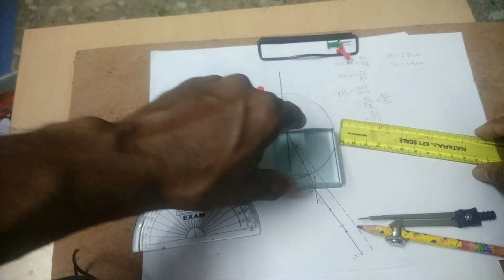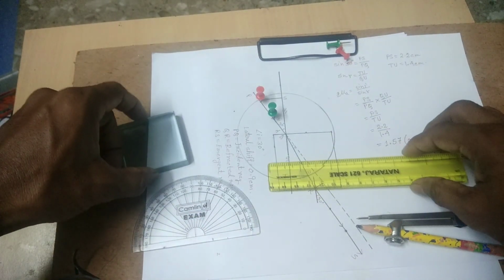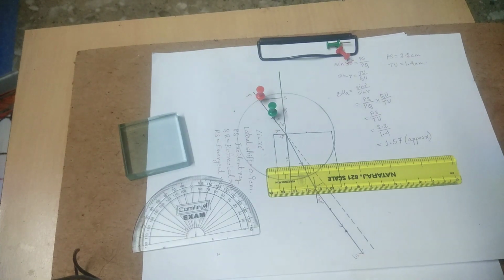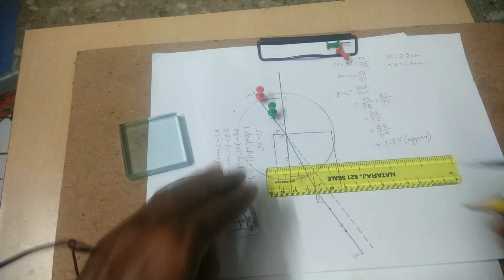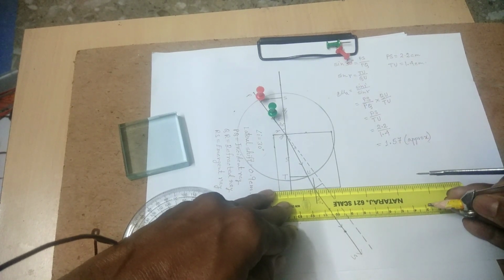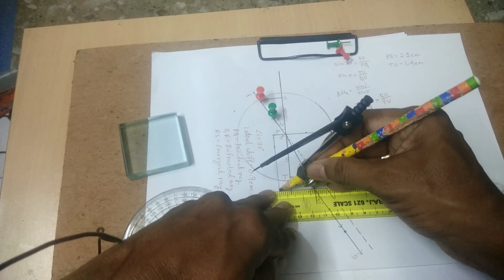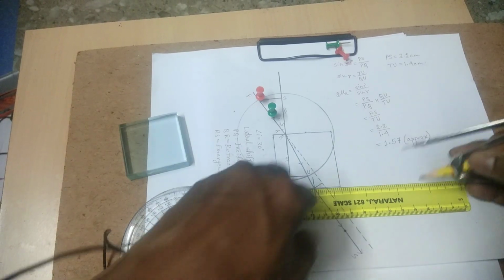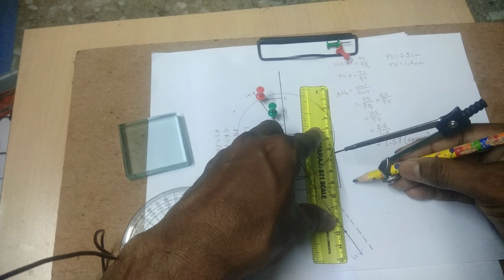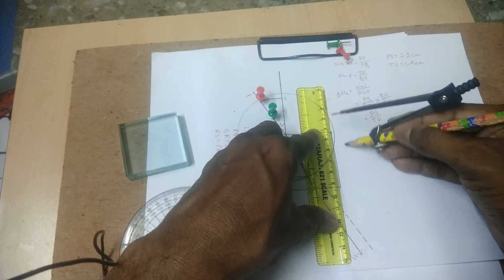Let us draw the outline of this glass slab. Here you see, we are drawing the glass slab outline in this way. It is square, that means all angles are 90 degrees.